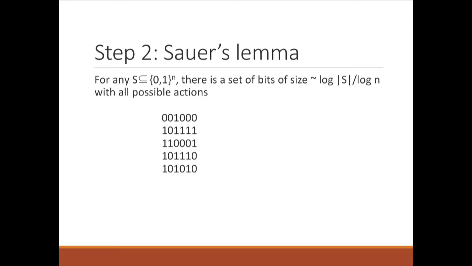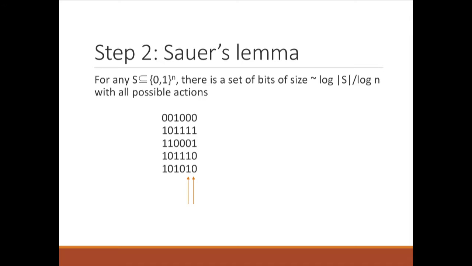It's saying if you have a set of Boolean strings, like here we have these 5 strings, then if it's a large set, you can always find a set of positions, like these 2 positions, bits basically of these strings, where on those bits you have every possible pattern. So on those bits you have every possible string. On those bits you have 0, 0 here, 1, 1, 0, 1, 1, 0.